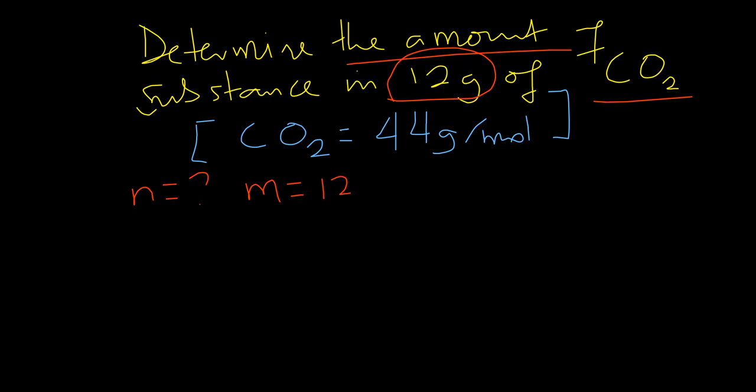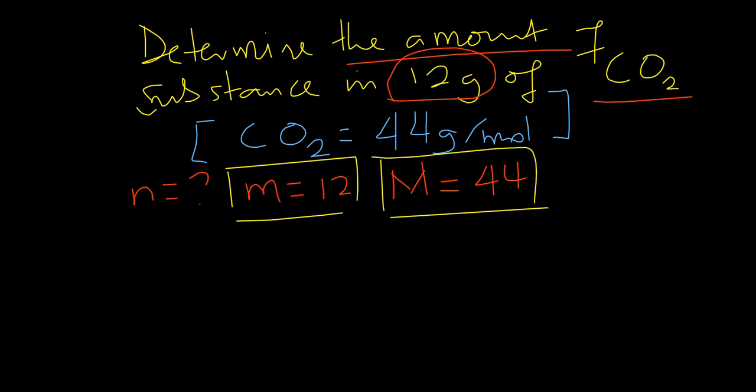Then, luckily for us in this question, we've been given the molar mass of the carbon dioxide. It is 44 grams per mole. So with the mass and the molar mass, we should be able to determine the mole or the amount of carbon dioxide. So we can quickly write that.